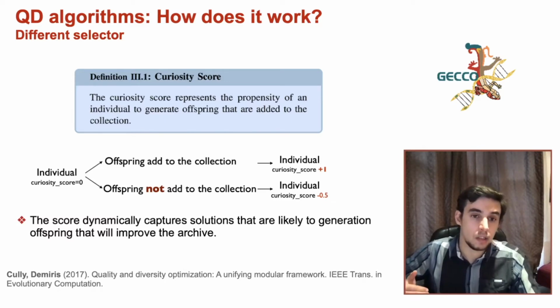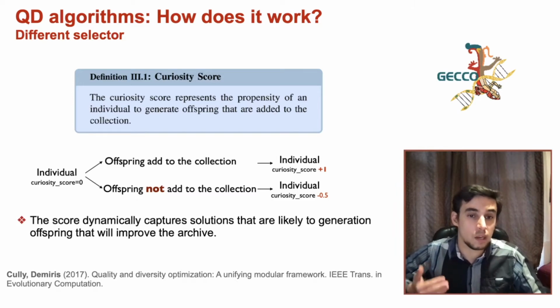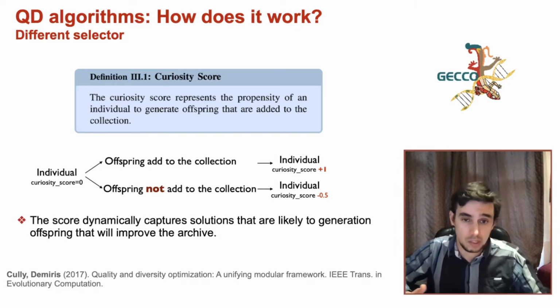By selecting the solutions in the archive proportionally based on the curiosity score, we will actually favor solutions that have a higher propensity to generate offspring that will be added to the archive. The interesting aspect with the curiosity score is that it's a dynamical score that changes over time during the course of the evolutionary process.